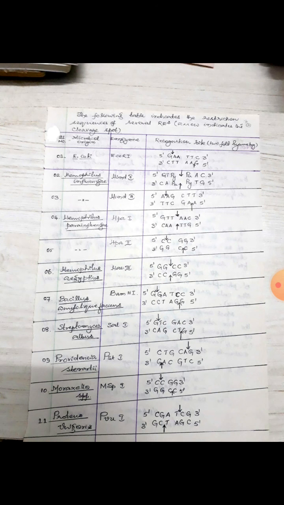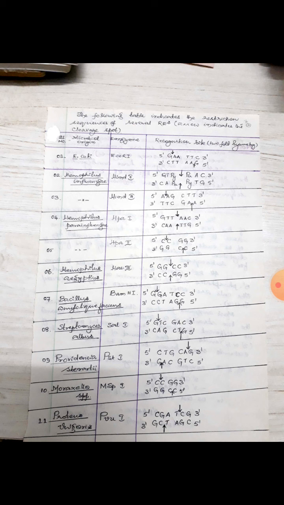So you can look at this table. This indicates the name of the restriction endonuclease and its microbial origin and its recognition site with two-fold symmetry. Say for example, here I have shown you EcoR1.